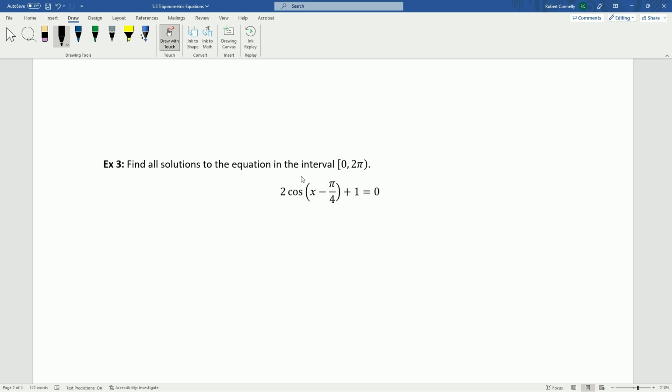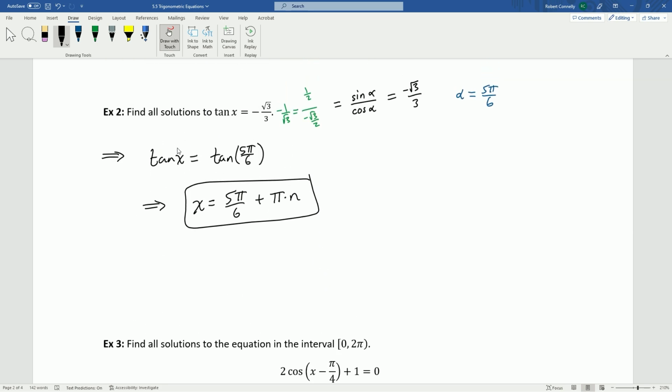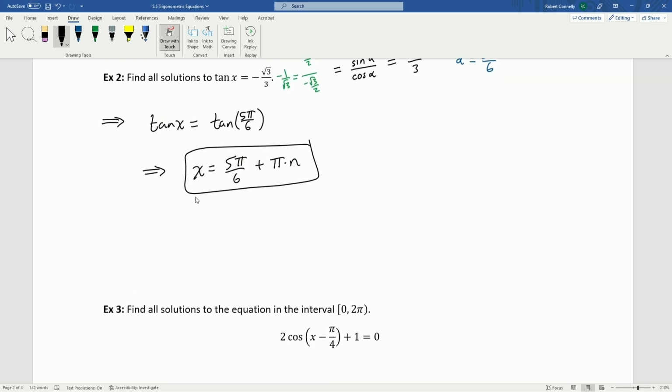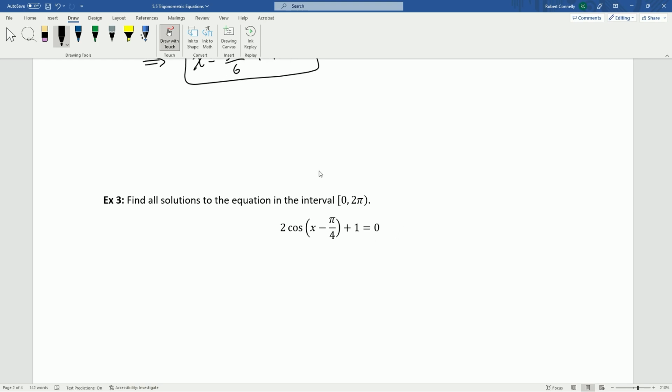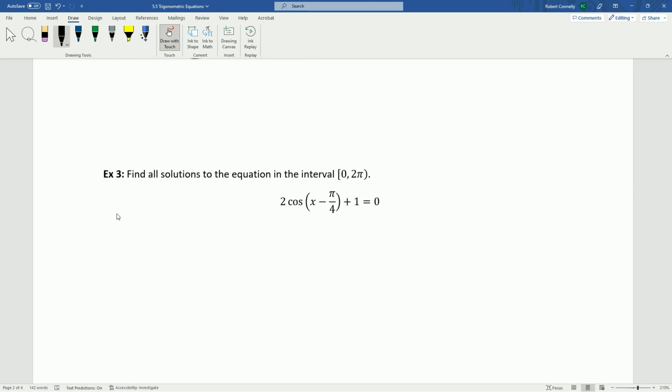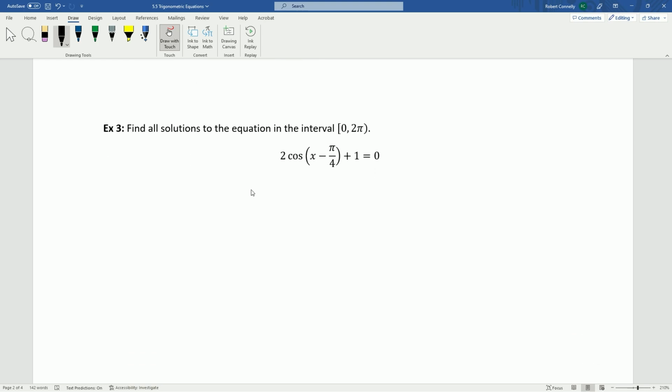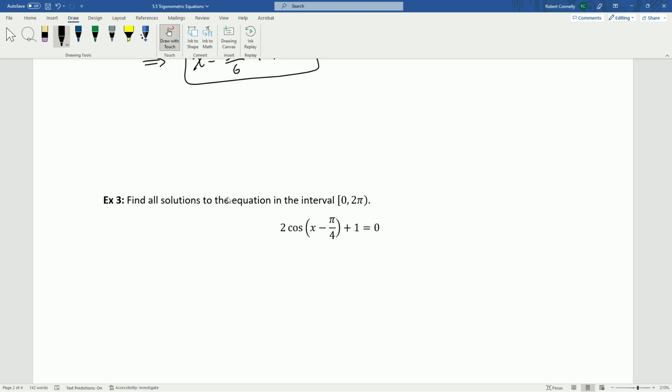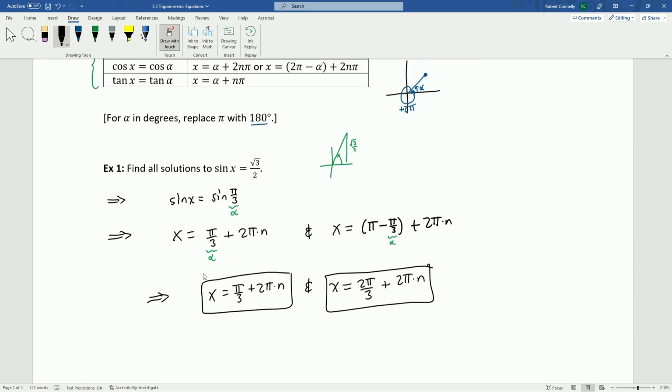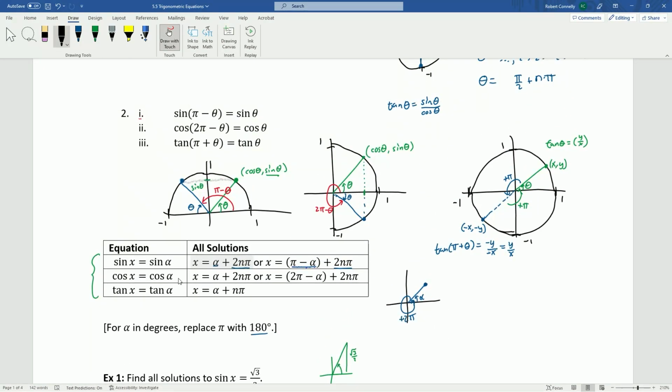So this is a little trickier because now, instead of just finding all of the solutions, we have to restrict our solutions to just being between 0 and 2 pi. But we're basically going to start this in the same exact way. So the first goal, and this is the key thing to keep in mind, your first goal is to get everything into one of these three forms. So here our goal is to write this as cosine of x equals cosine of alpha.